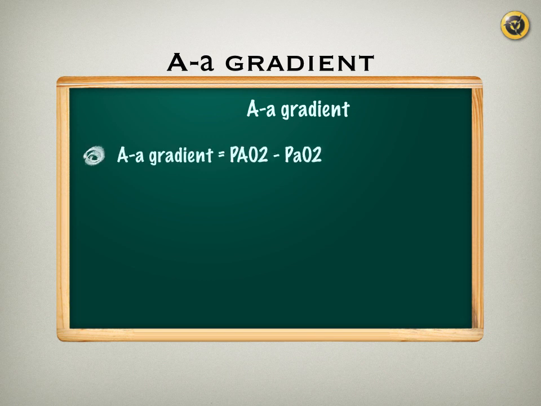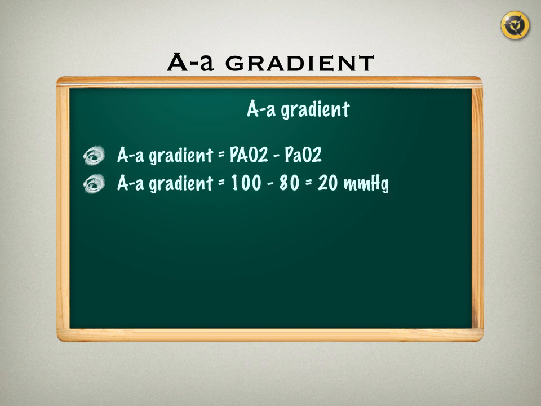It varies with age. It starts a little higher at a young age, and then with age, all the way to 70 and 80, your PaO2 is expected to be in the 65 to 70 range. But given that a middle-aged person will have 80, then there is a normal AA gradient of 20 millimeters of mercury.